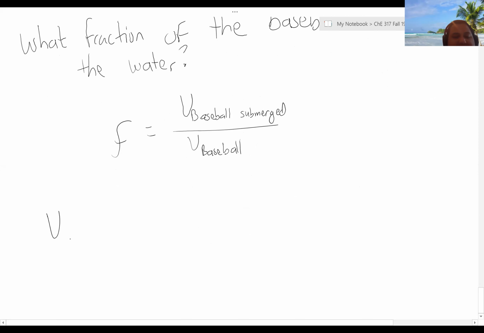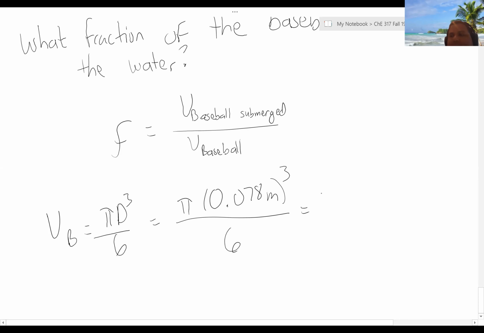So the volume of the baseball is just the volume of a sphere, which, if I remember correctly, should be pi d cubed over 6. In this case that would be pi times 0.076 meters cubed over 6, which I'm guessing is fairly small.